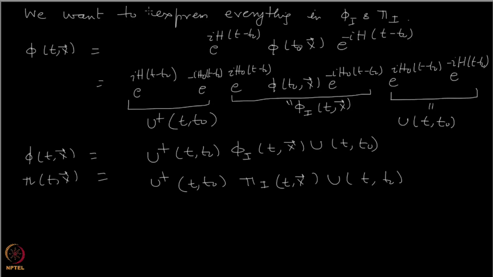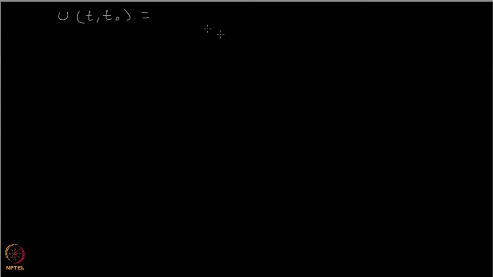Let me write what U is. U is this: e to the iH naught (t minus t naught), and then e to the minus iH (t minus t naught). Remember these two exponentials do not commute.